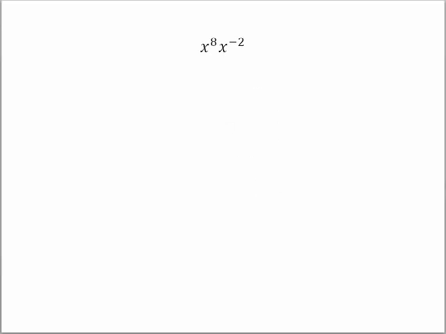This is the slide we want to work on. We would have x, and what would we do with those exponents? We would add them, plus -2. So the answer to this would be x to the 6th. Right?